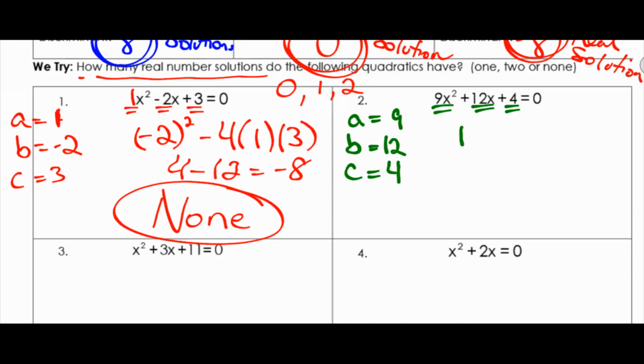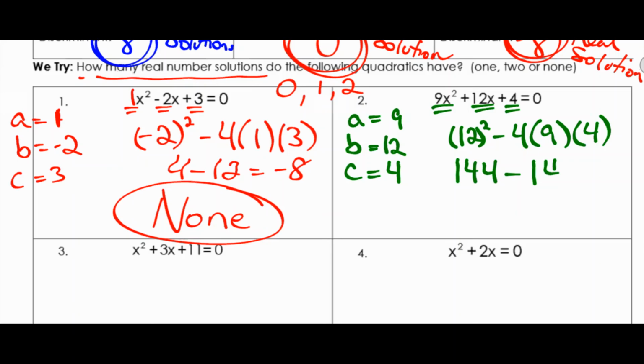So I have b squared, or 12 squared, minus 4ac. 12 squared is 144. 4 times 9 times 4 is also 144. So I'm doing 144 minus 144. That gives me 0. The discriminant equals 0. That does not mean I have 0 solutions. Actually, it means I have 1 solution.